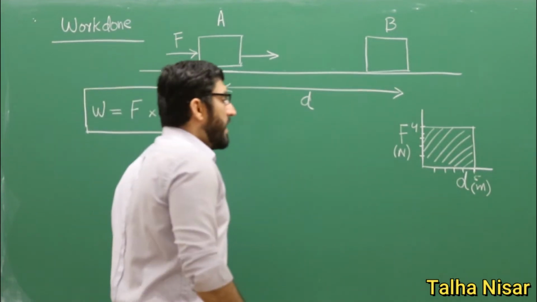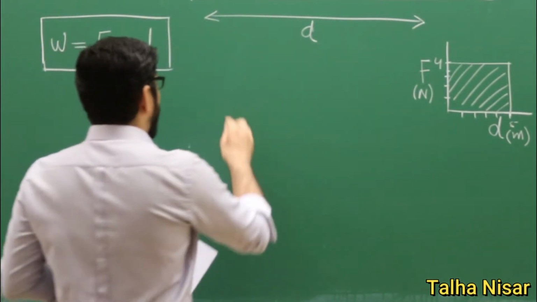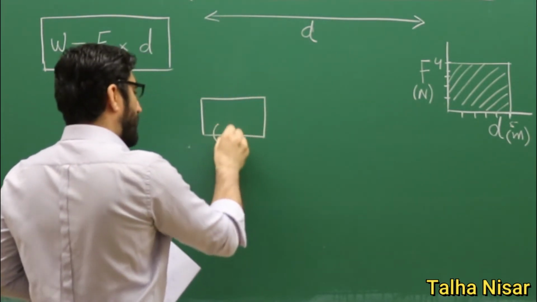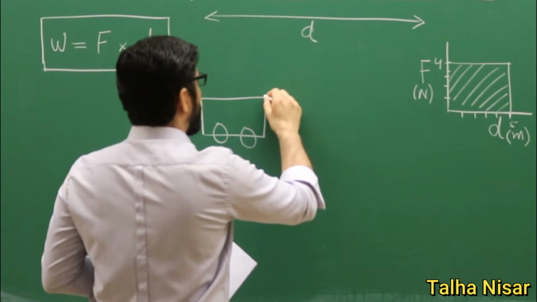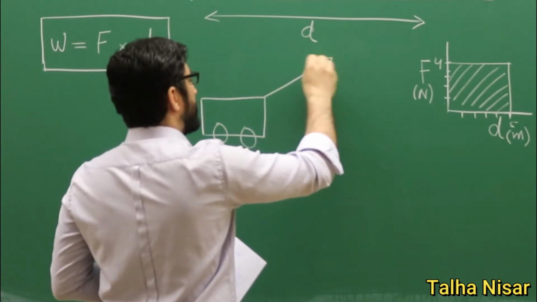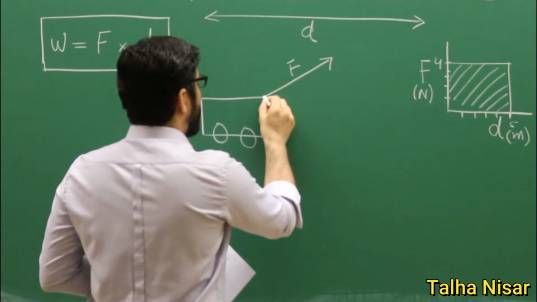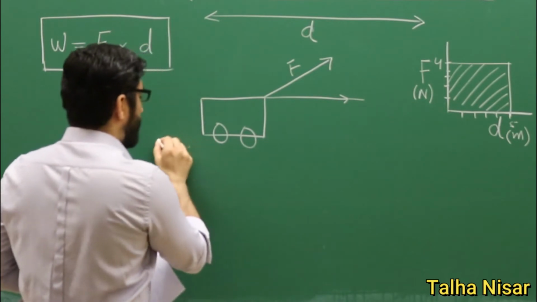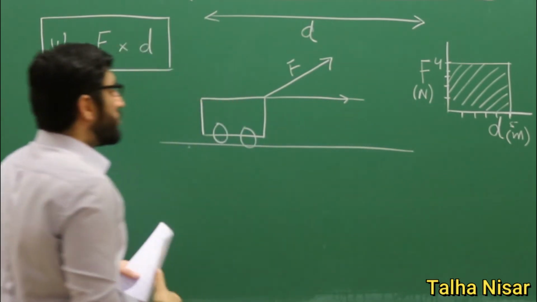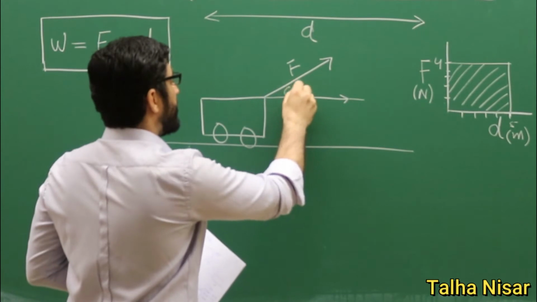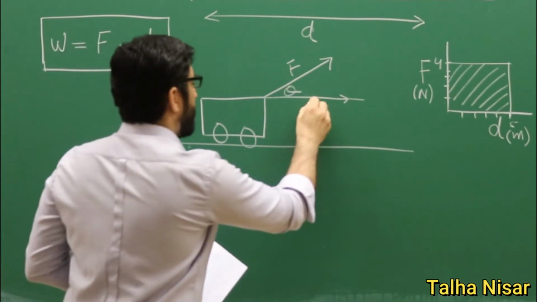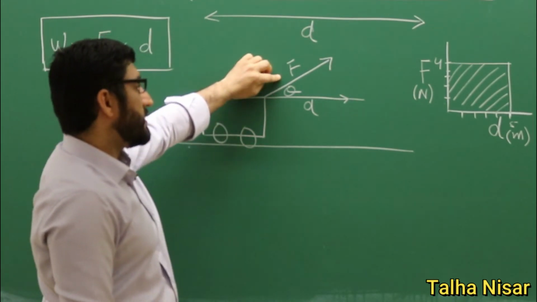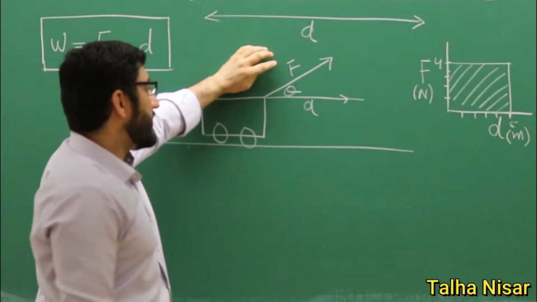But what if we have a situation in which we have a trolley, a force is applied in this direction, and the displacement is in this direction along the ground? We can see there is an angle between the force and the displacement. How do we calculate the work done in this case?